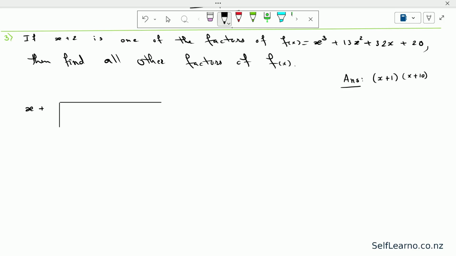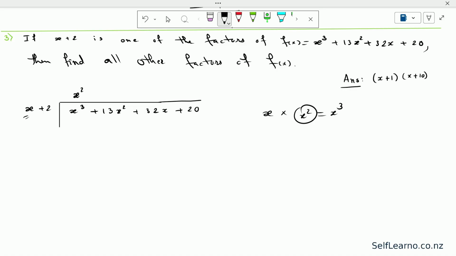X plus 2 is the divisor. And the dividend is x cubed plus 13x squared plus 32x plus 20. Right? I have x, I want to obtain x cubed. So to obtain x cubed for multiplication, I must use x squared.